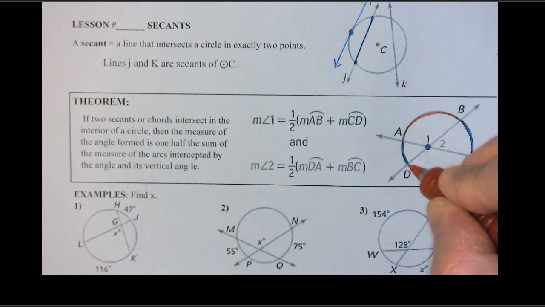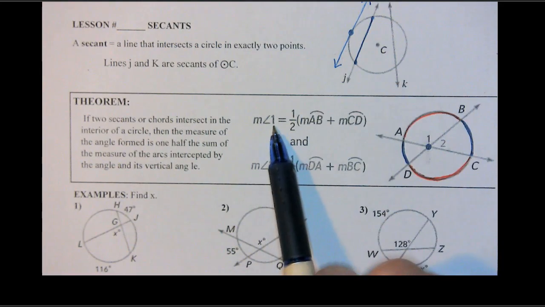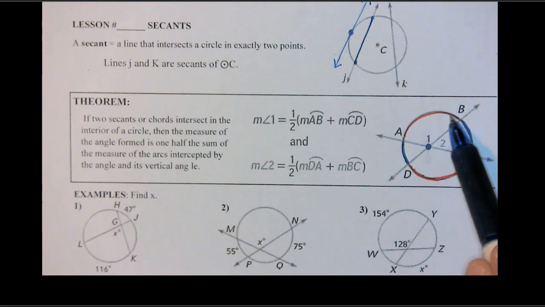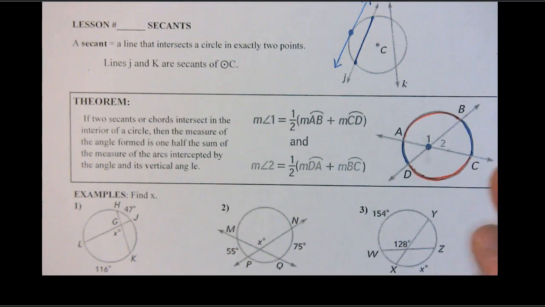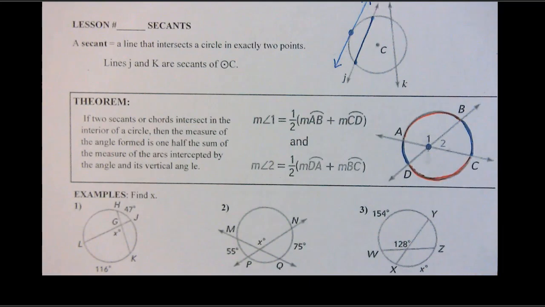So the theorem has to do with the arcs and the angles that are formed. The first theorem says angle 1 equals 1/2 the sum of this arc plus this arc, and angle 2 is half the sum of these two arcs. So that's the theorem behind when you see an intersection inside the circle.